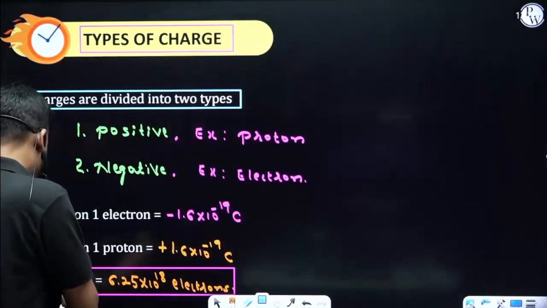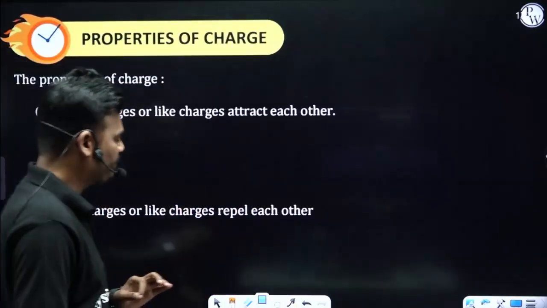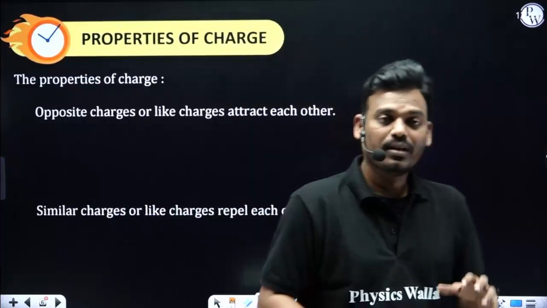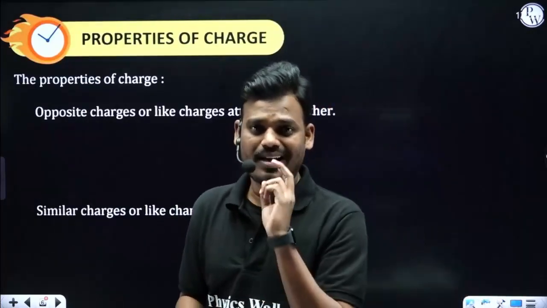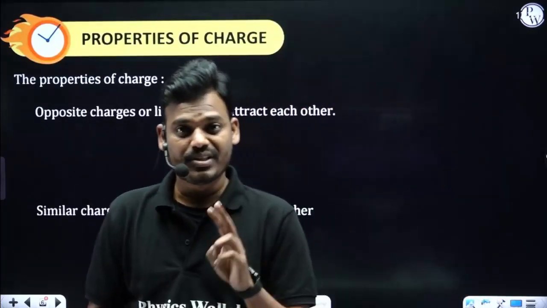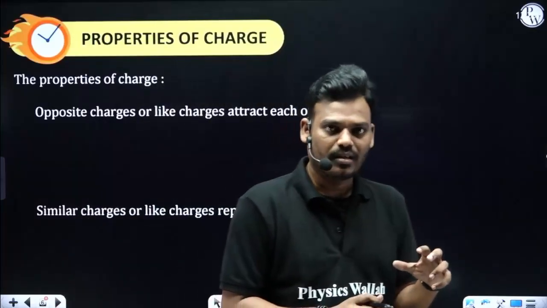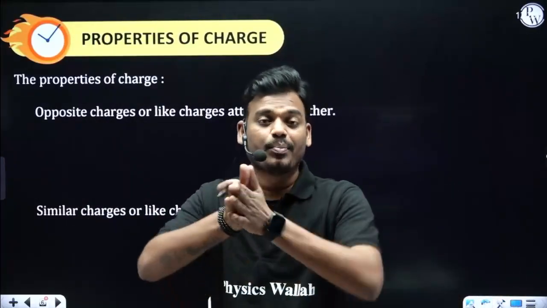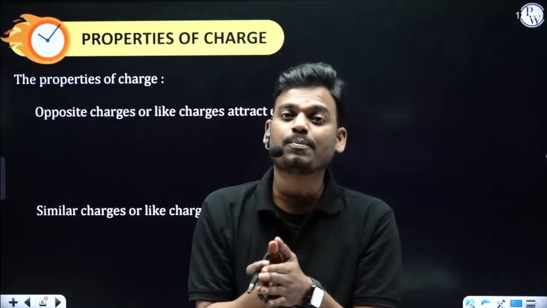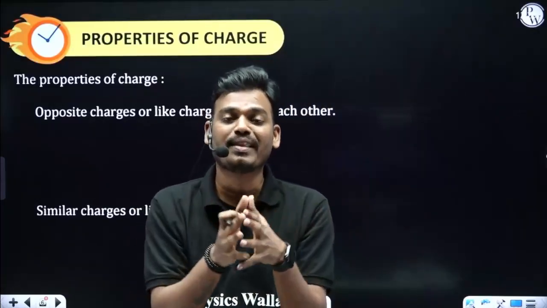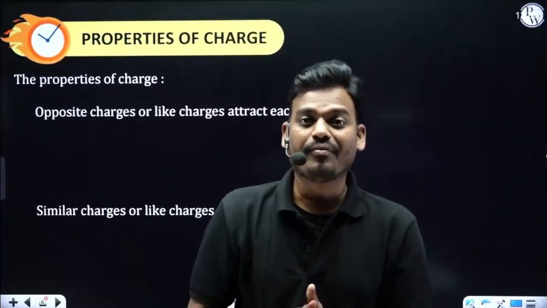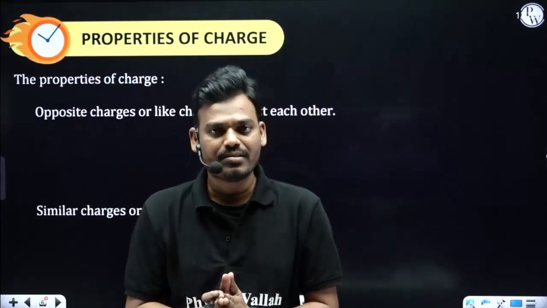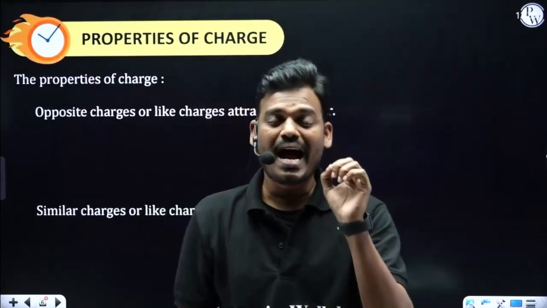Now next one, properties of a charge. There are two important properties of a charge. By the definition, a charge is the property of a body which is responsible for electrical force between them. Here we have two types of charges, the positive charge and the negative charge.